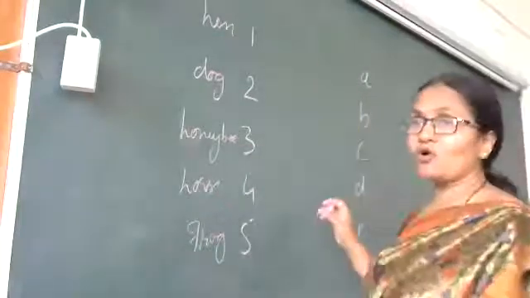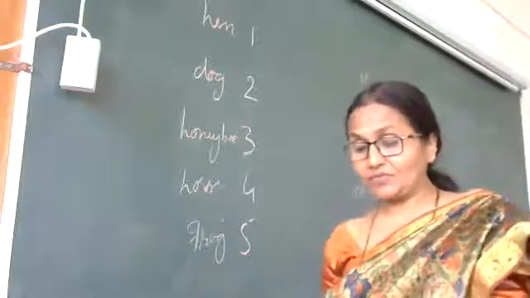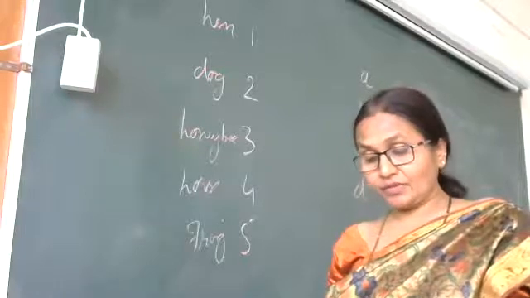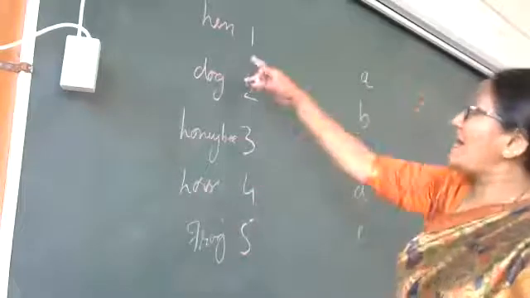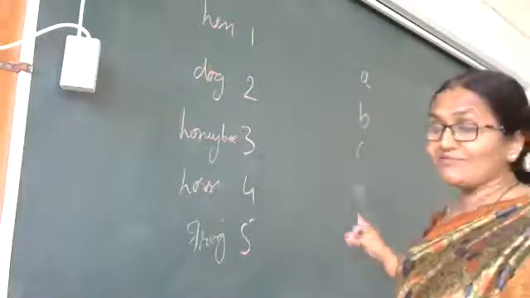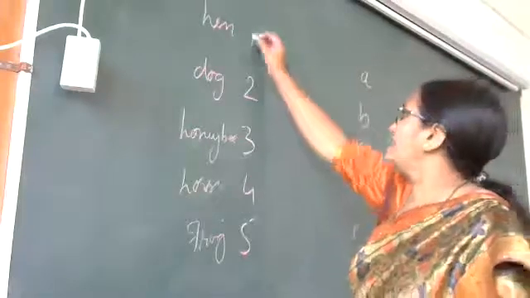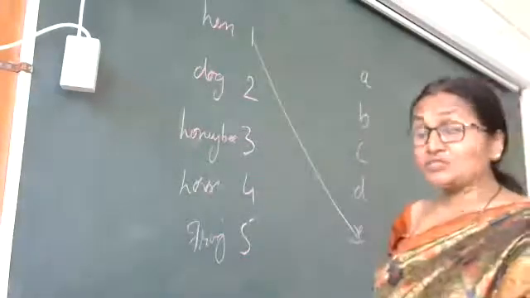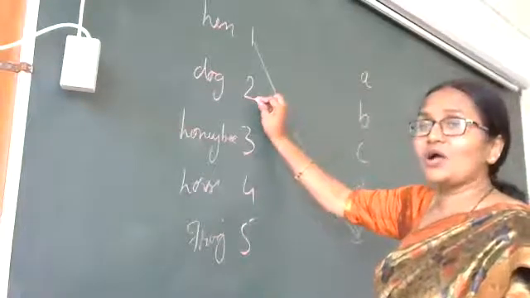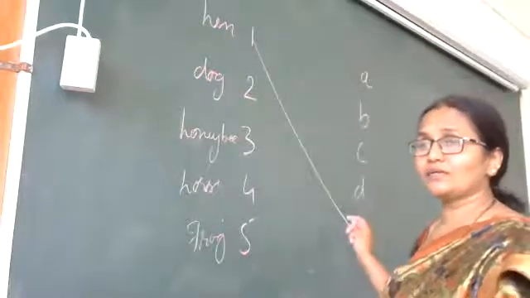Okay. Now houses are given here where the different animals live. Okay, where does the hen live? I will match 1, 2, A, B, C, D. Now tell me, 1, where will I match? A, B, C, D, E. E. Very good. Then 2. Which house? A, B, C, D, E. Tell me where I have to mark. Dog. Which house? Houses are given.